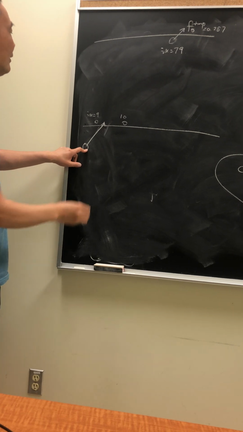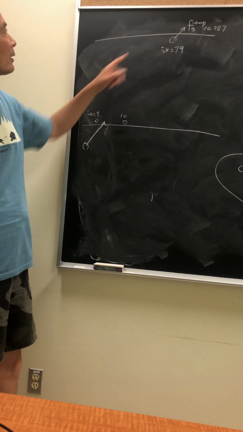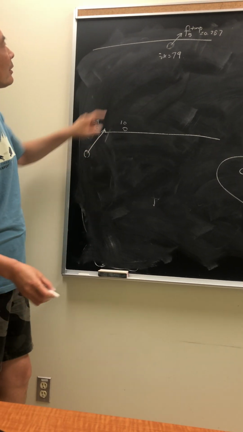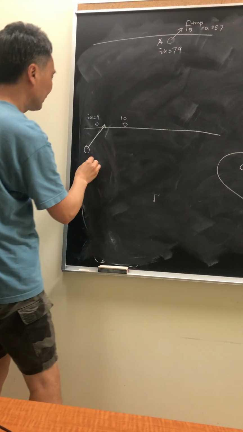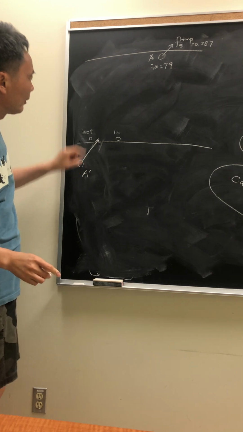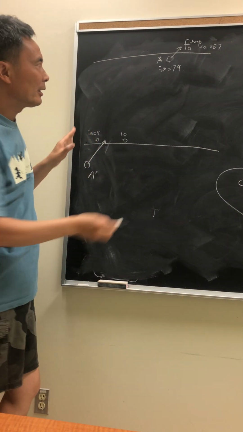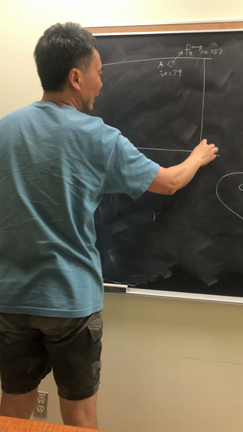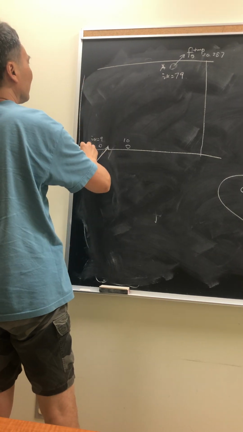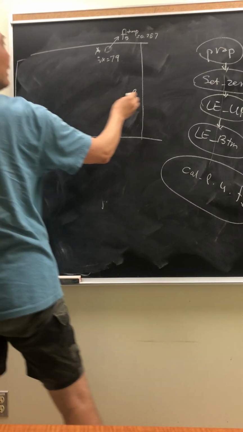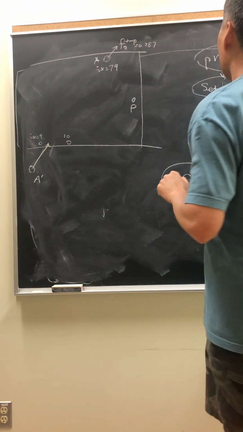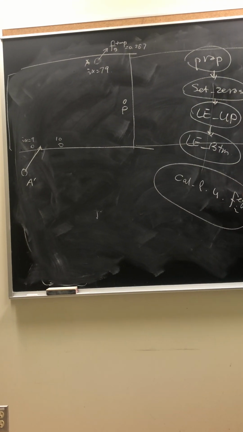So this one is the image, so if we say this one is A, and this is the image of A, right? But with real periodic boundary conditions, if we say this one is P, and then next one over here we have a P prime, right?